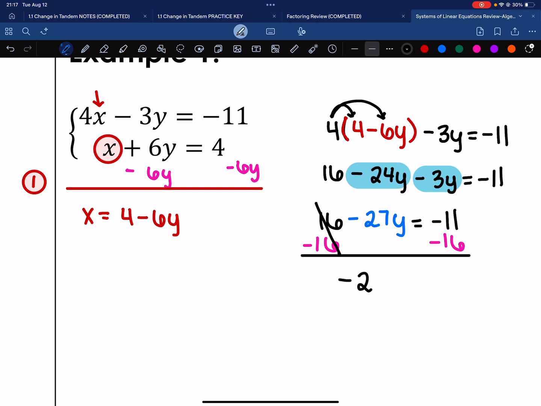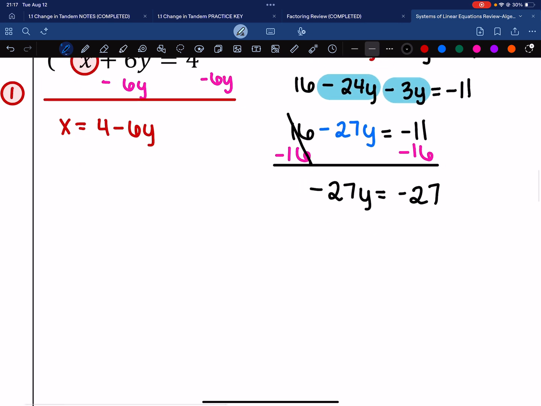We get -27y equal to a -27. So now, right here, we have -27 being multiplied by the y. So we're going to do the opposite, which is divide by -27. When we do that, we get y is equal to 1.